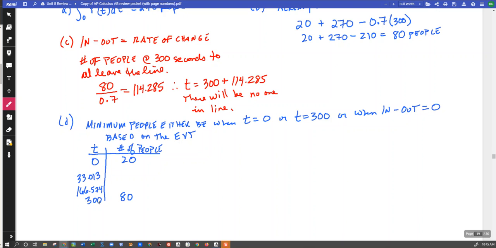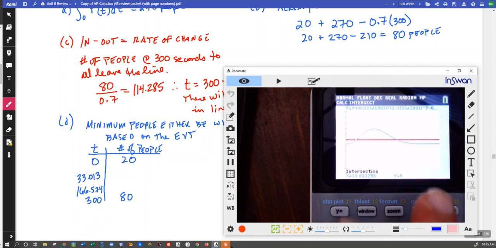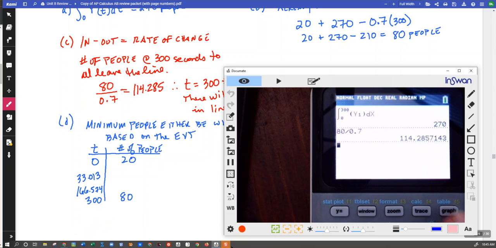Okay, so I need to figure out how many people are in line at each of these times. Well, I can do that by doing my integral from 0 to the first value, 33.013, of my function, which once again is the in minus out function.